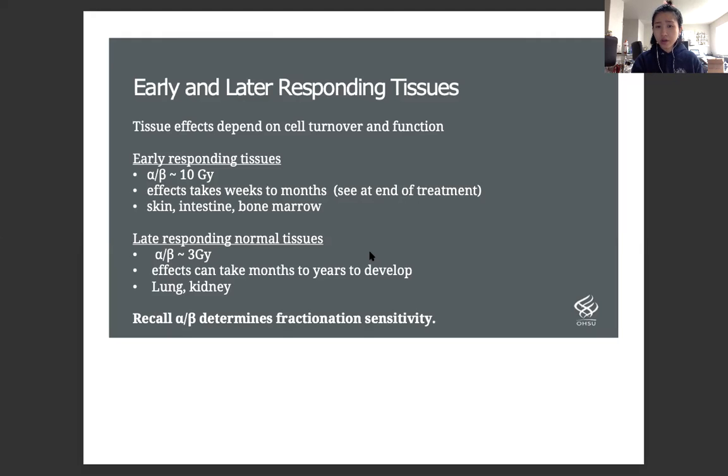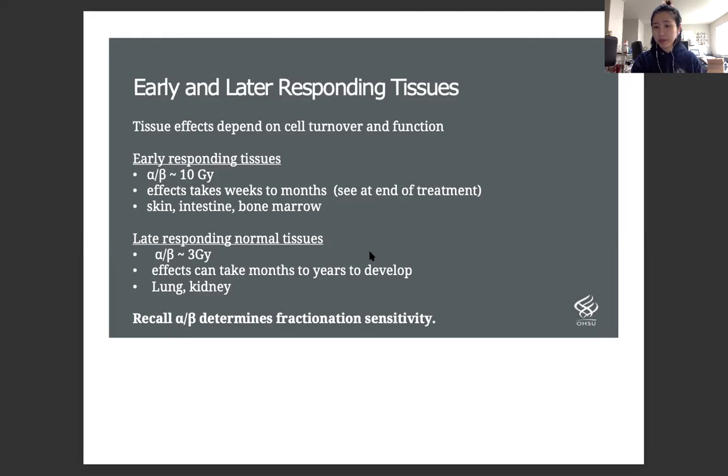It is really hard to reverse. It can be challenging. It is reversible, but it's challenging too. It also affects skin, intestine, bone marrow.